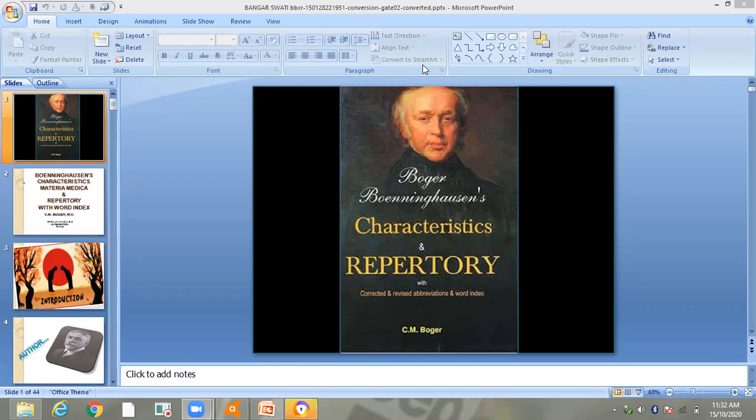Then in front of extravagance rubric only belladonna was given. In front of excretion only nitric acid was given. In front of patience only Mag-carb was given.